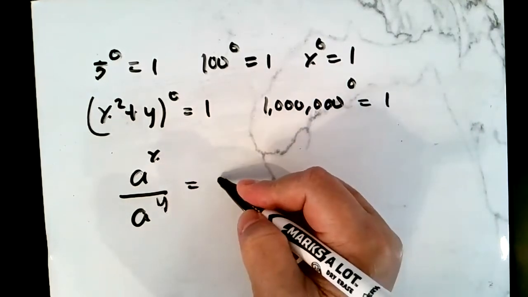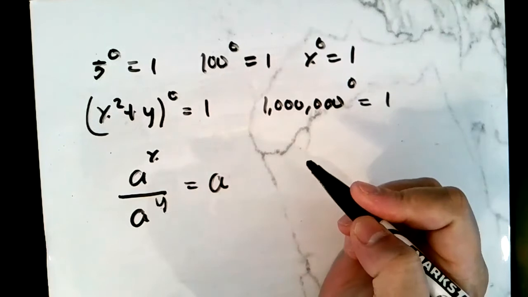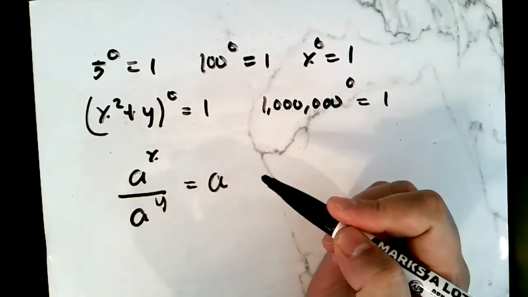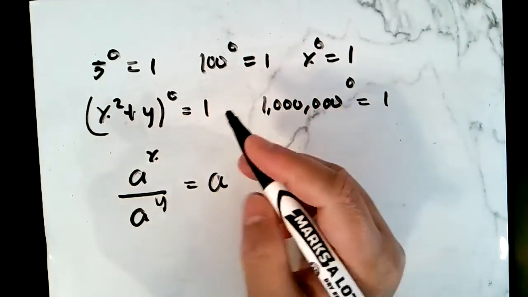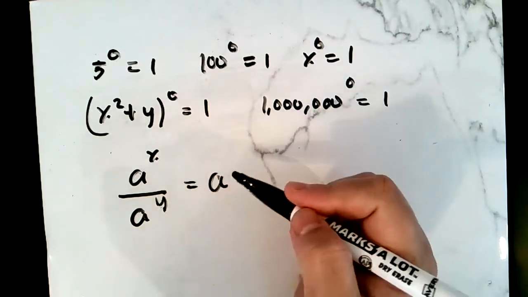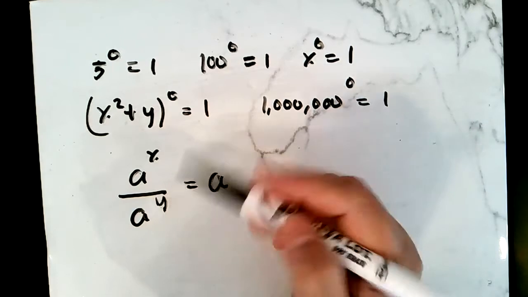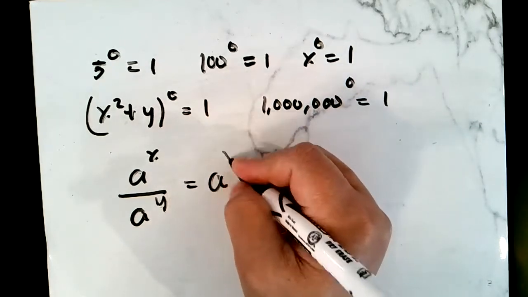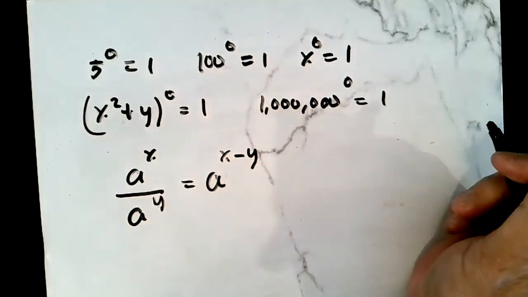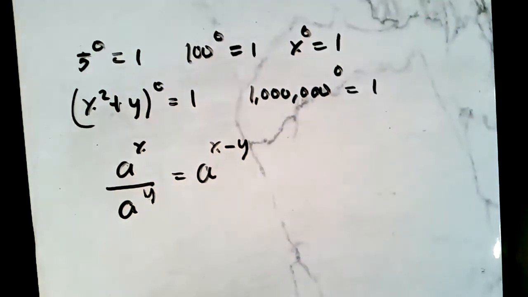Let's skip a and then proceed with the exponent. What are we going to do with the exponent? All we need to do is subtract the exponent in the denominator from the exponent in the numerator. Therefore we have a to the x minus y. That should be the answer.